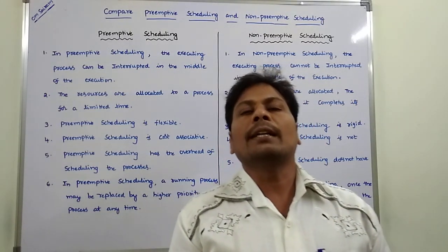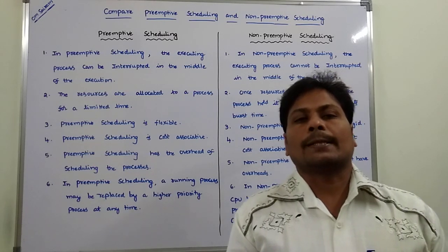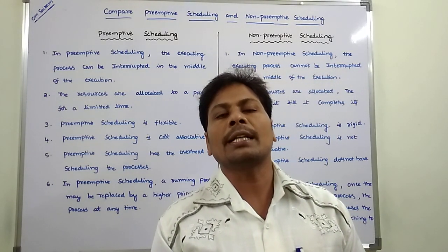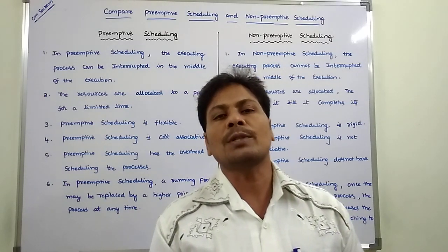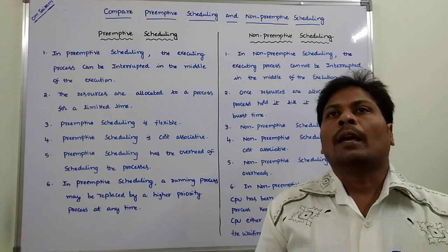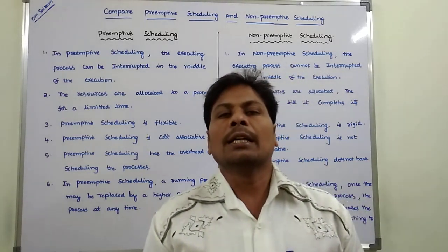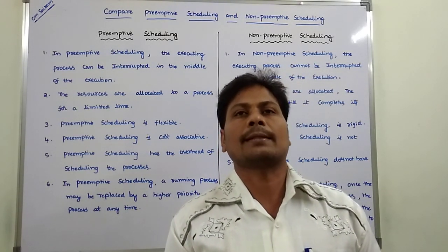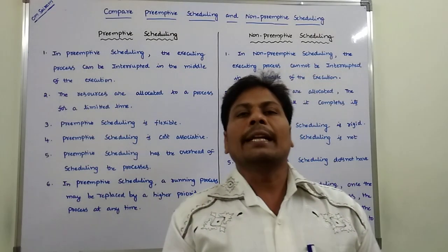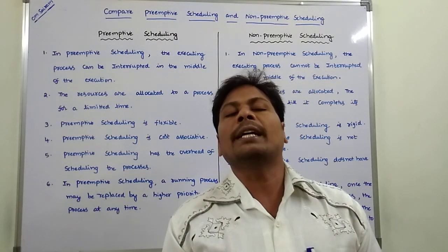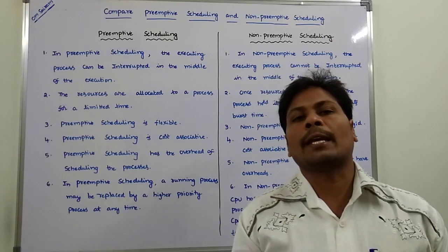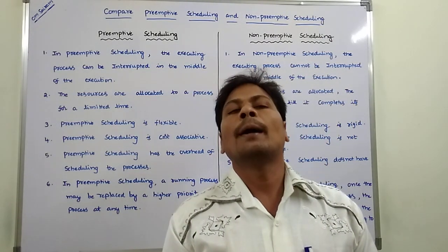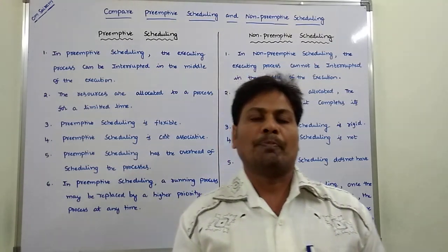Scheduling can be done in two ways. One is preemptive scheduling and the second one is non-preemptive scheduling. In preemptive scheduling, once the CPU is allocated to a process, it can be interrupted in the middle of its execution.